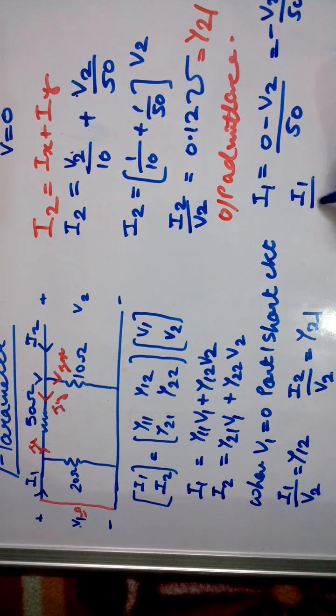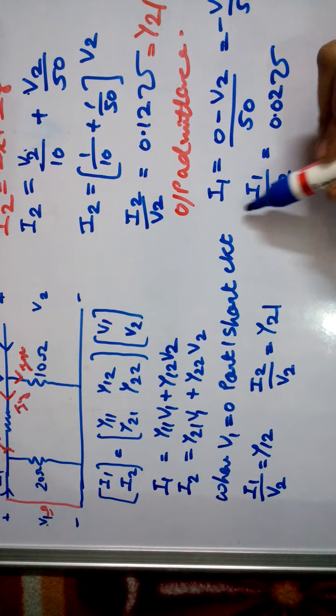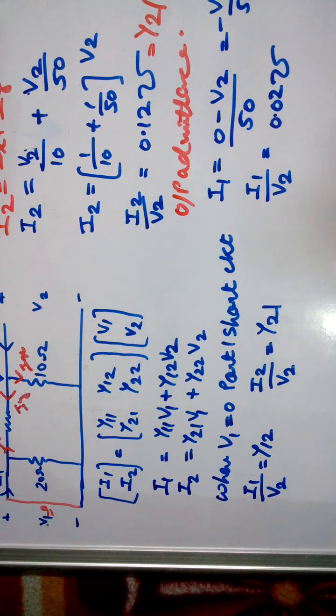So I1 upon V2, on solving it further, you will get 0.02 mho. I am neglecting the negative sign because I am taking the mod of I1 and V2.